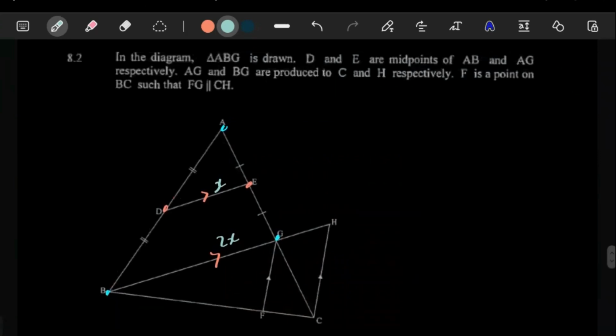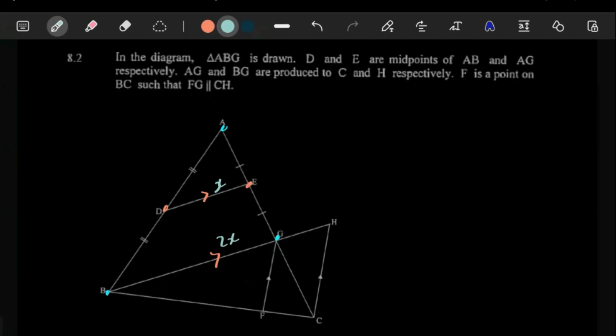BG produced to C? I think they meant BF and AG are produced to C. That's the only thing that makes sense. But anyways, it says produced to C and H respectively. Oh yeah, this one goes to H, this one goes to C. Then it says F is a point on BC. F, where's F now? There's B and C. Oh, F is there, okay.